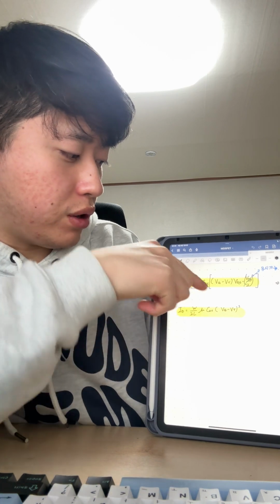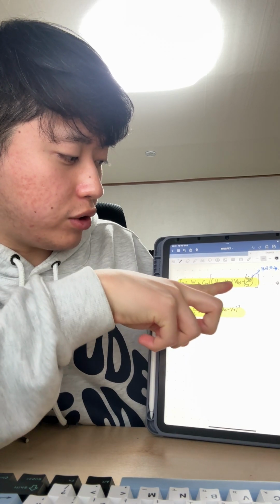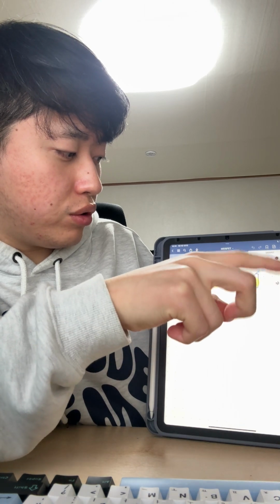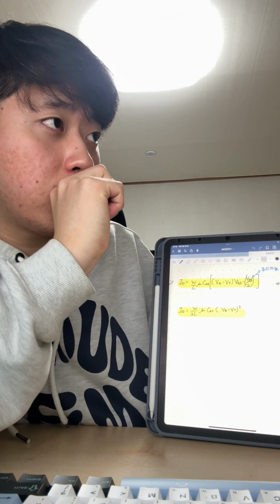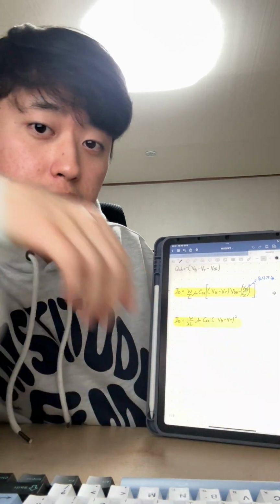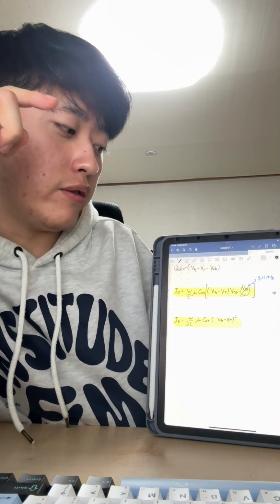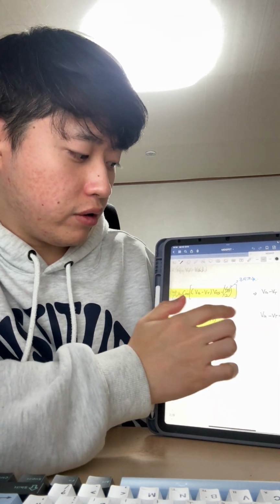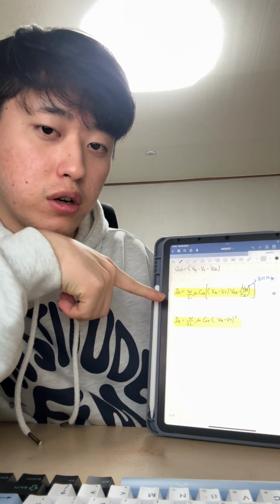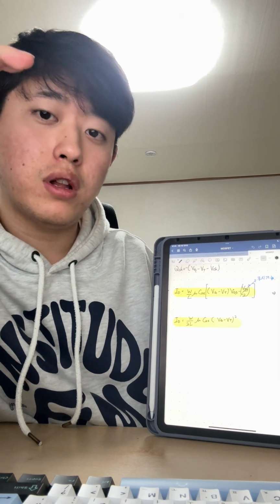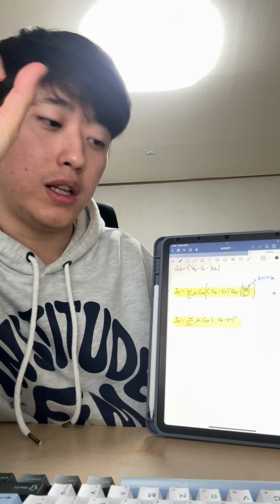W over L mu Cox (VG minus VT) VDS minus VDS over 2 squared, but if VDS is very small, we can ignore this. This is the linear region of IDS, and this ID is the saturation region of ID.